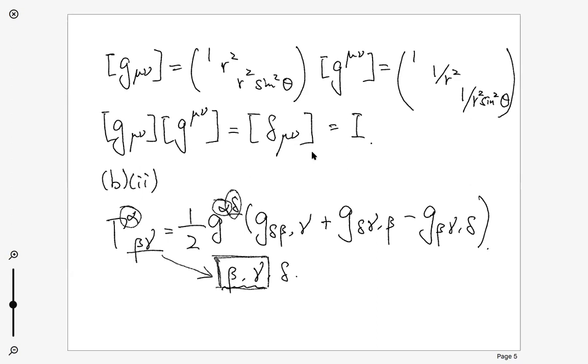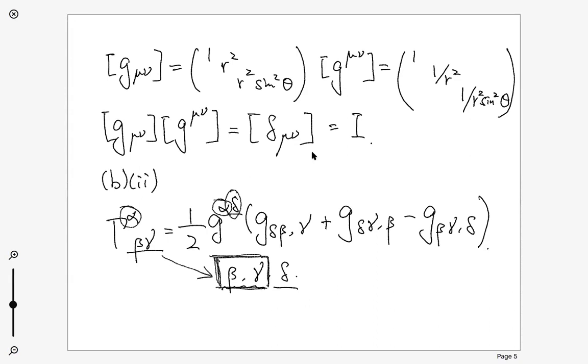So if you ask me which of beta, gamma, and delta is special, I would say that delta is special, because it has a different origin from these two indices.